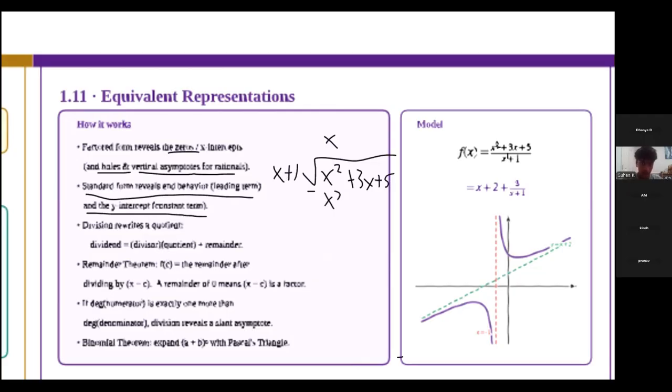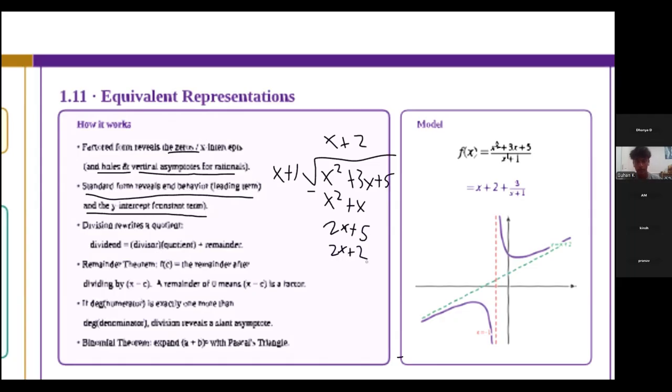We have x squared plus 3x plus 5, and we subtract x squared plus x from that, which gives us 2x plus 5. Now we look at what times x equals 2x, which is going to be 2. So we're doing x plus 2, then we subtract, so 2x plus 2, and then we have 3.